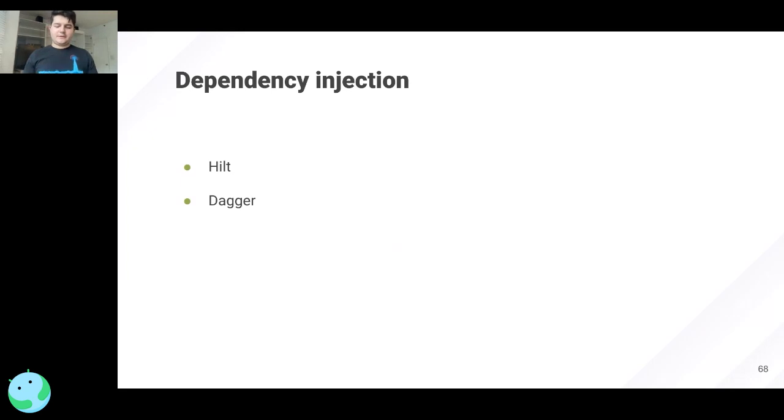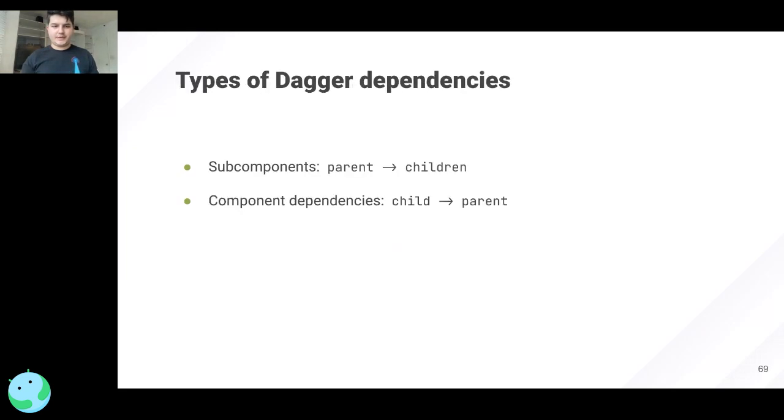The difference lies in how we define how different Dagger components depend on each other. There are multiple ways to specify such dependencies. The first of them is the subcomponents mechanism. In this way, the parent component knows about all of its children and defines them. On the other hand, with the other mechanism, called component dependencies, it's vice versa, because in this case children specify their parents.